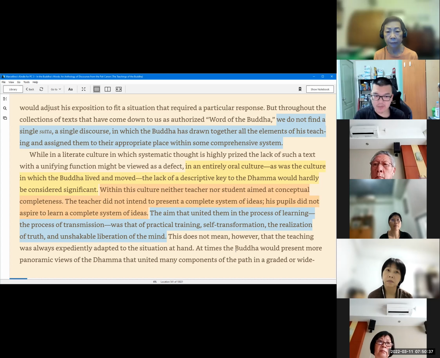During that time, the aim that united them in the process of learning, the process of transmission, was that of practical value, practical training, self-transformation, the realization of truth, and unshakable liberation of the mind. I think this is the important part of this paragraph to understand why there wasn't this systematic thought expounded by the Buddha.